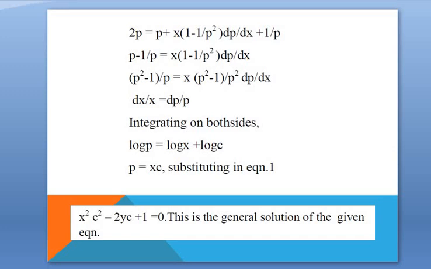We have dx/x is equal to dp/p. Now integrating this, we get log p is equal to log x plus the integral constant log c. From this, we have p is equal to xc. Substituting this p value in the given equation, we get x squared c squared minus 2yc plus 1 equal to 0.